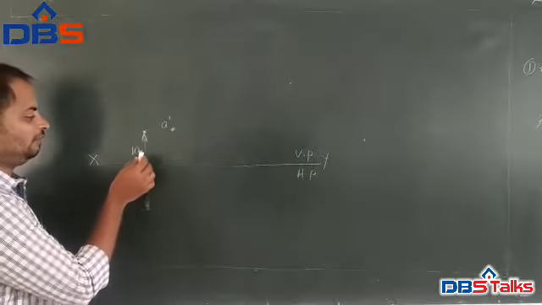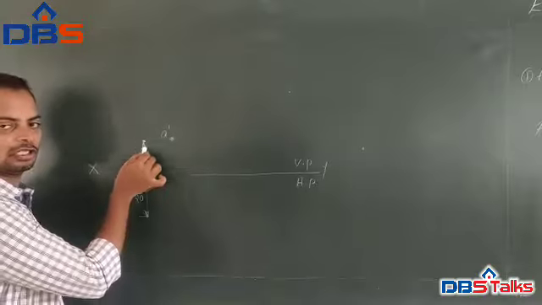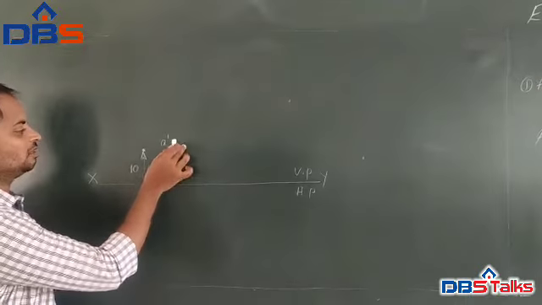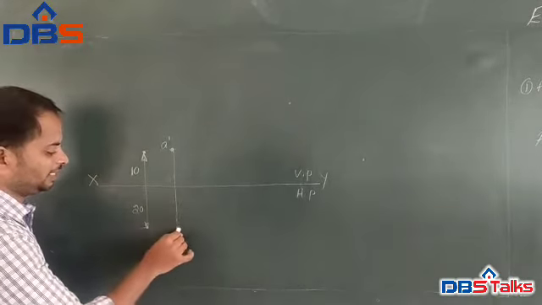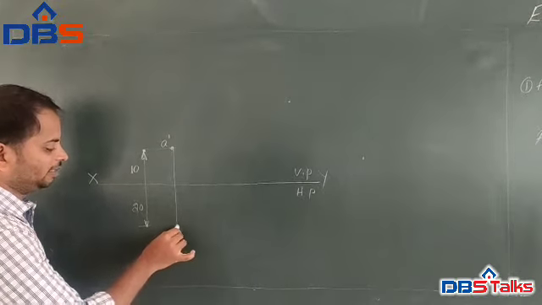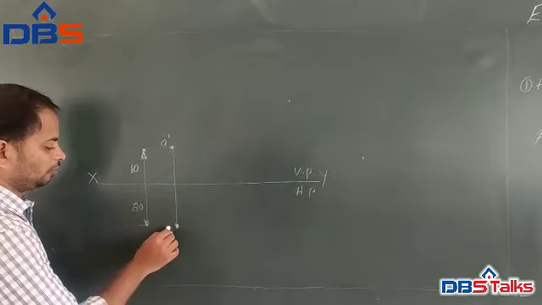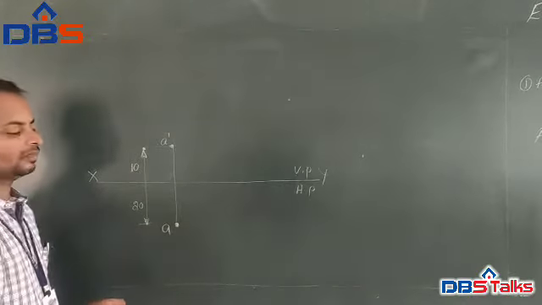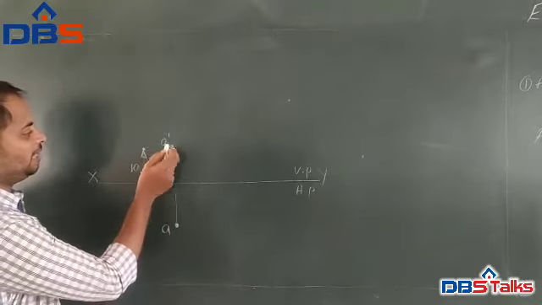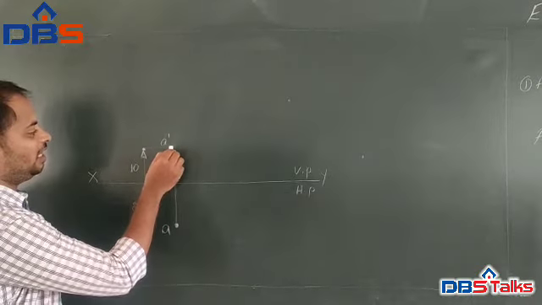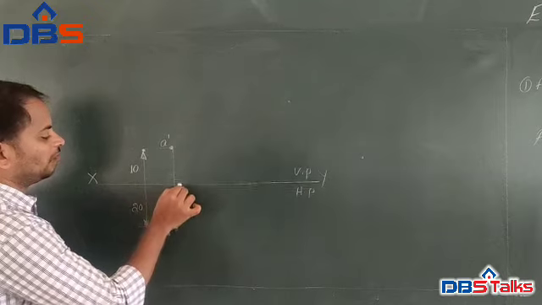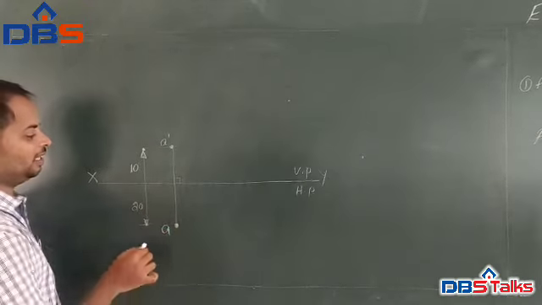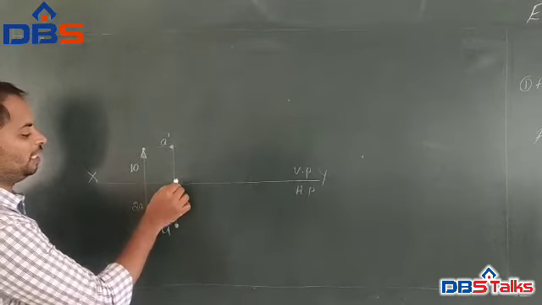We know the information related to the horizontal plane is the top view, and at the same time the information related to the vertical plane is the front view. The line AB is perpendicular to the horizontal plane and parallel to the vertical plane.